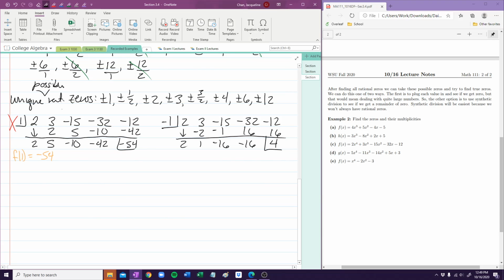So again, this means that negative 1 is not a 0. If you just plugged it in, f of negative 1 would have been 4. Now I'm going to try 1/2.